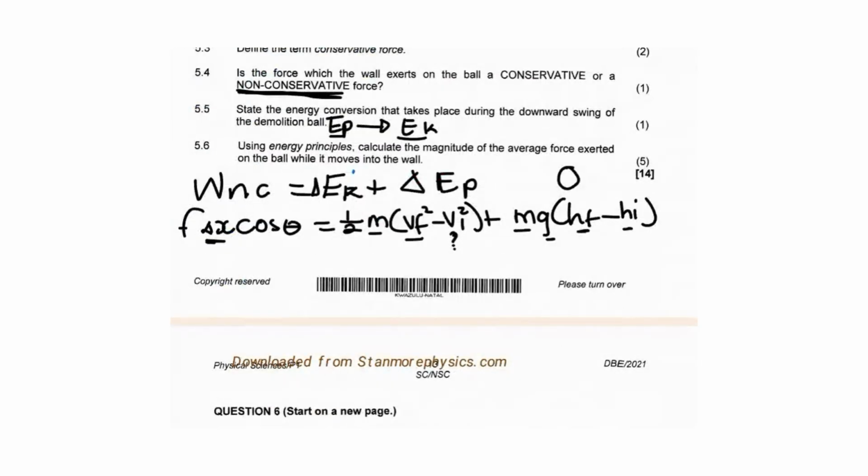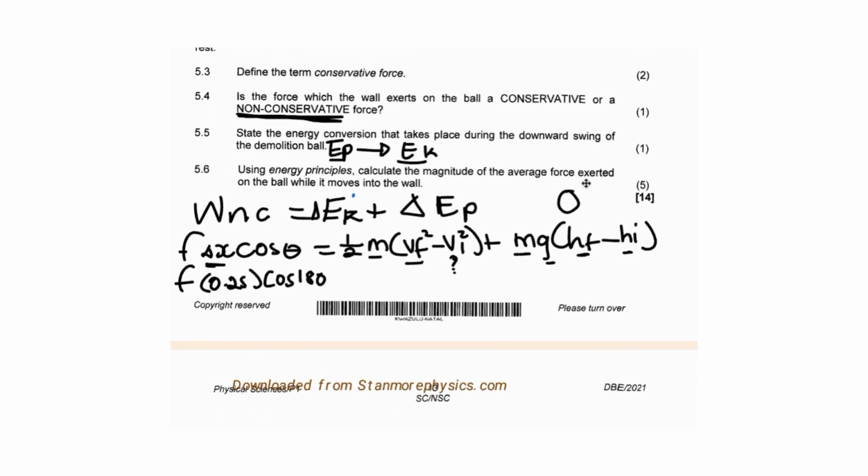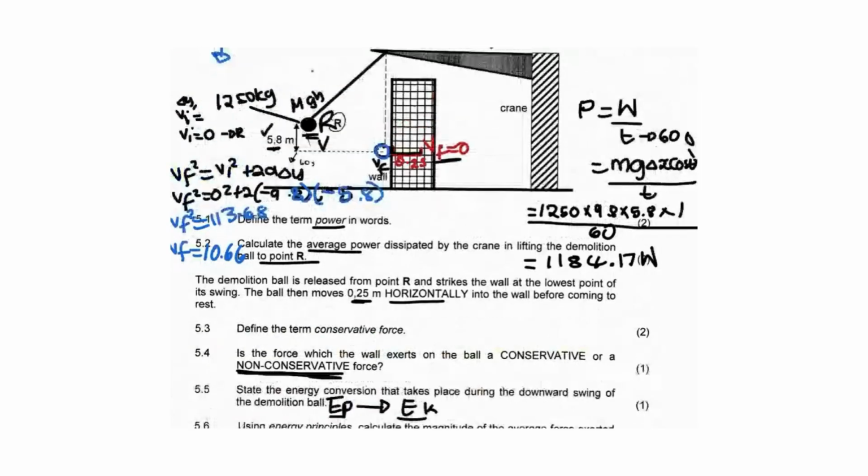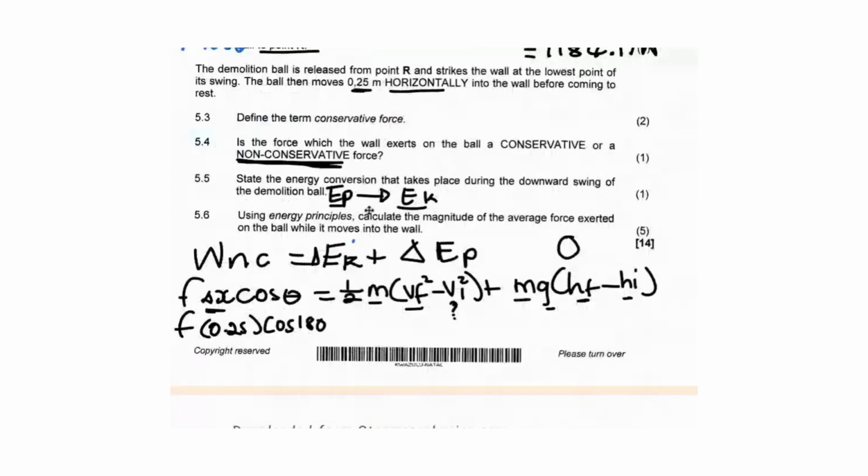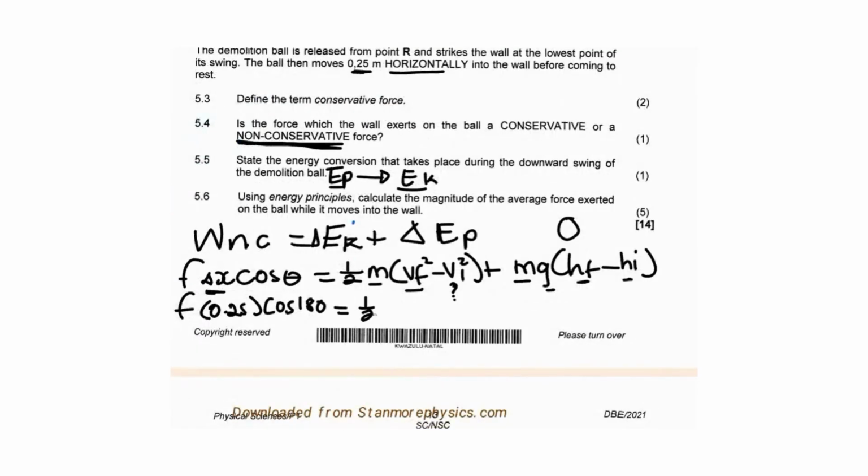So I'm going to plug in my values because I have everything. We are looking for F, Δx is 0.25, and cos is going to be cos of 180, because we want the force that the wall exerts on the ball, so that force should be in the opposite direction. That equals 1/2 times 1250.